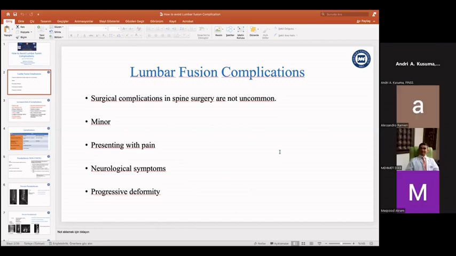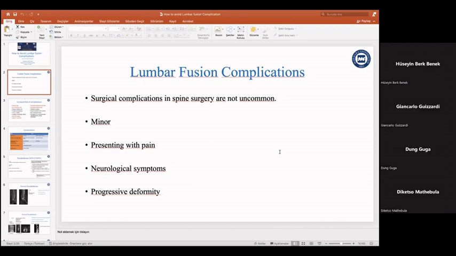A lot of complications are minor complications. These complications sometimes present with pain, sometimes with neurological symptoms, sometimes progressive deformity.